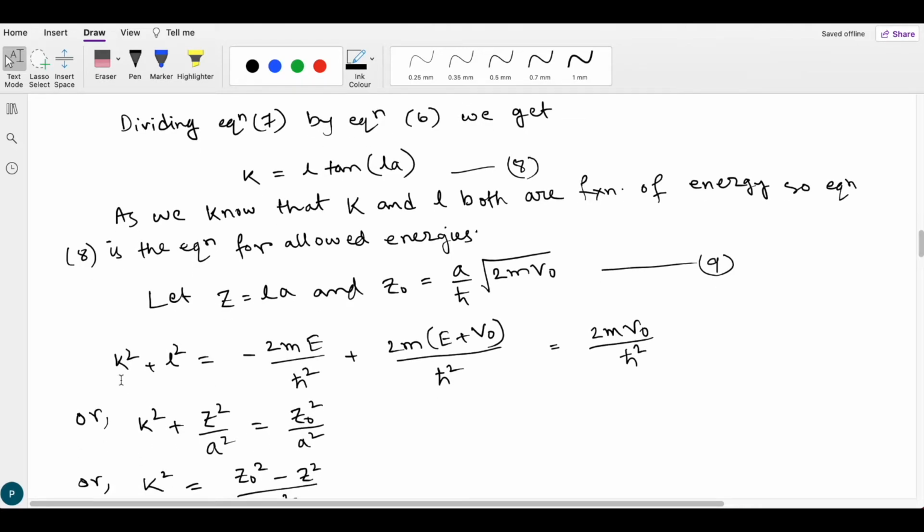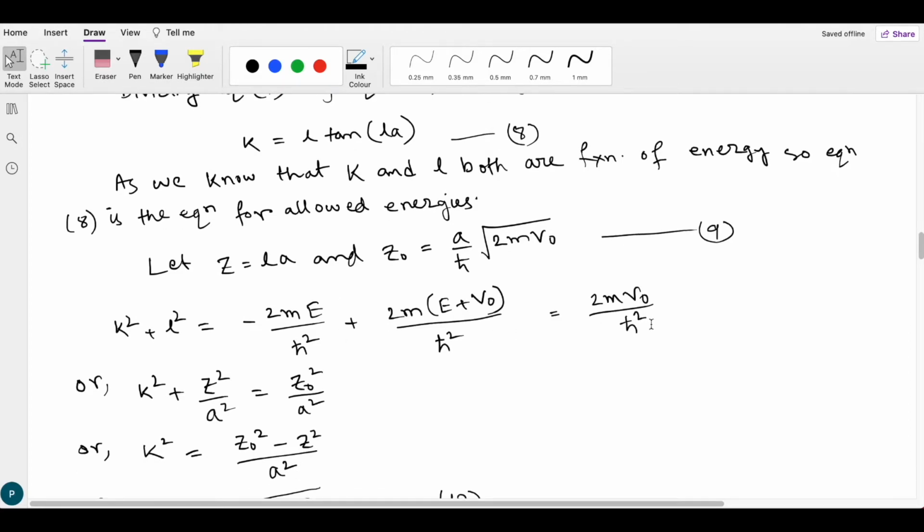We know the values of k square and l square, so let us calculate k square plus l square. We are putting k square equals minus 2mE by h cut square and l square equals 2m into E plus V naught by h cut square.